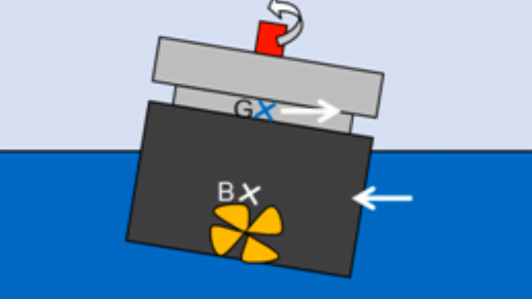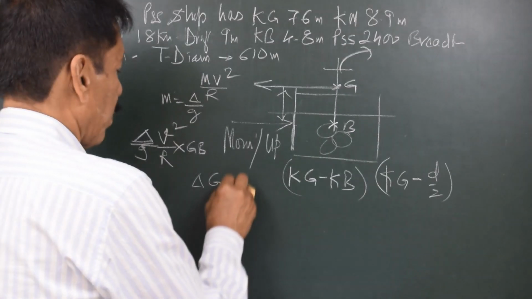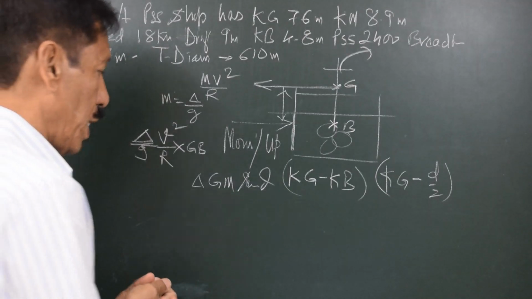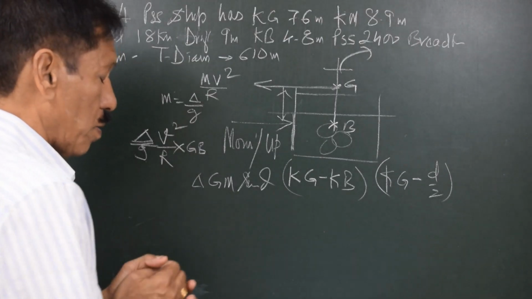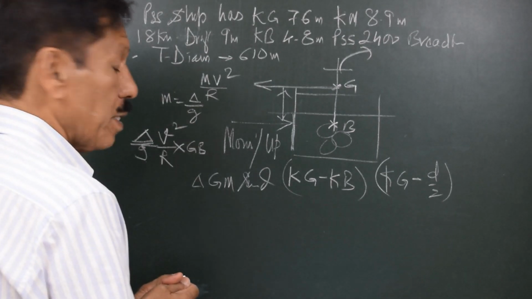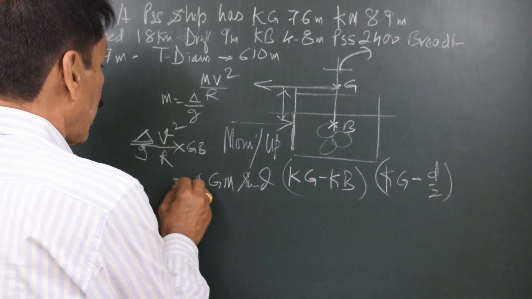This upsetting moment is going to cause the heel, and the righting moment is delta GM sine theta. Delta can be considered as the weight. When we talk about forces, we have to take weight into account rather than the mass. So delta GM sine theta is the righting moment. Righting moment is equal to upsetting moment at equilibrium.